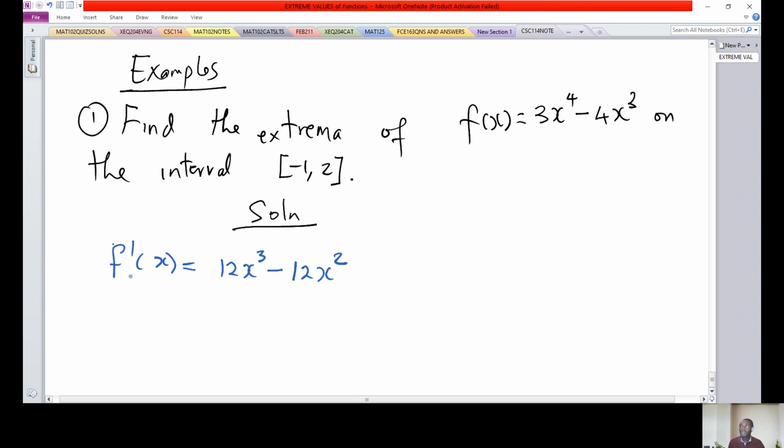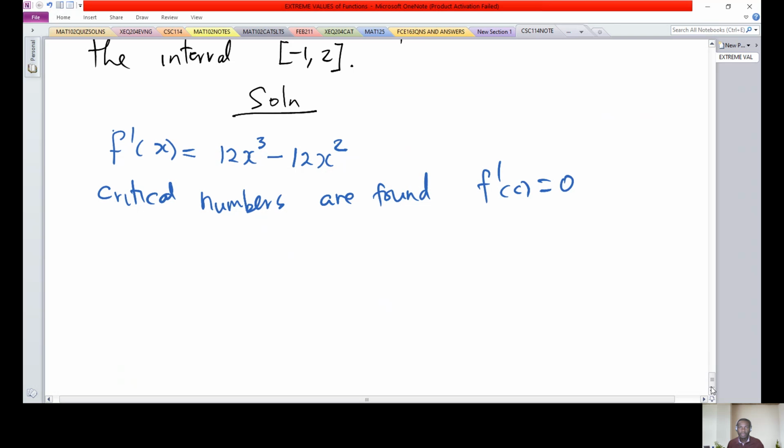The critical numbers are found from this equation: f prime of c equals 12c cubed minus 12c squared equals 0.